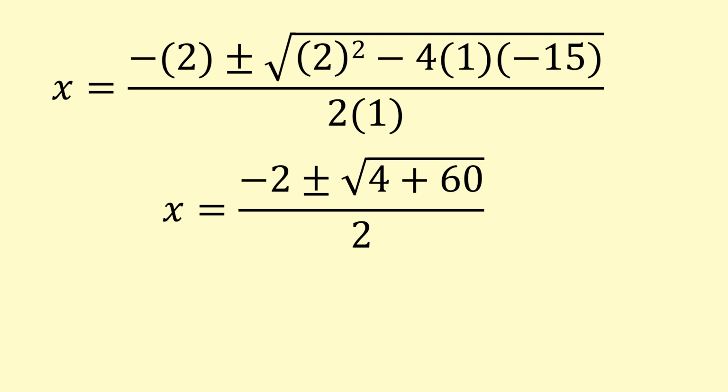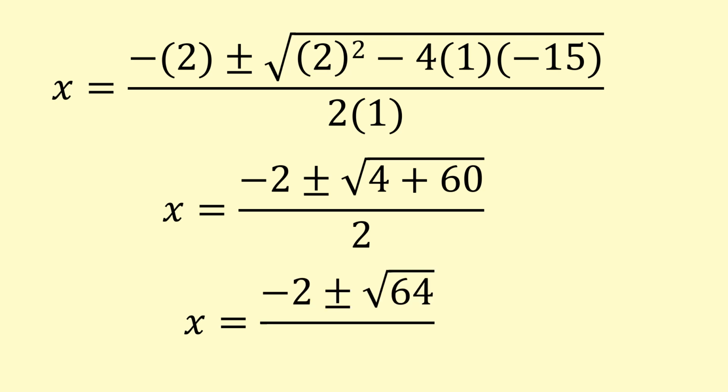So by the time we simplify, what we have is minus 2 plus or minus the square root of 64 all over 2. Now the square root of 64 is 8, but it's also plus or minus 8, because plus 8 times plus 8 is plus 64, which is 64. And then minus 8 times minus 8 becomes plus 64, because the minus times the minus becomes plus, and then 8 times 8 is 64.